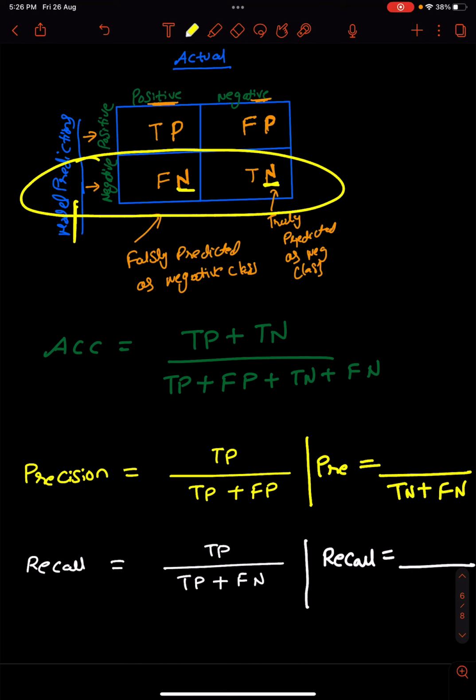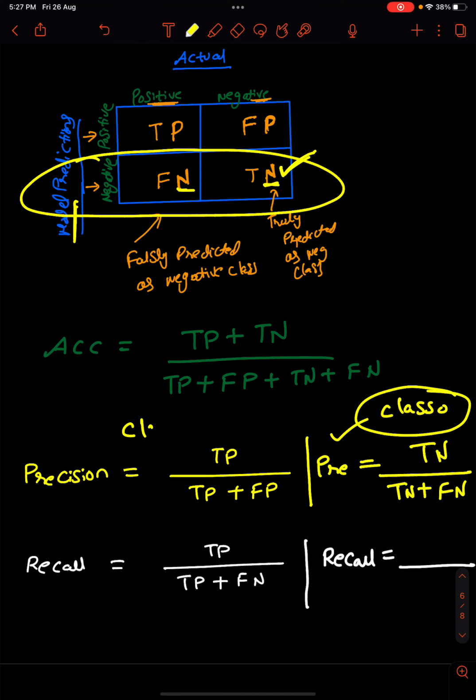Of these predictions, this many times the model was correct. So the numerator will be true negative, divided by true negative plus false negative. This is precision for class 0, and this is precision for class 1.